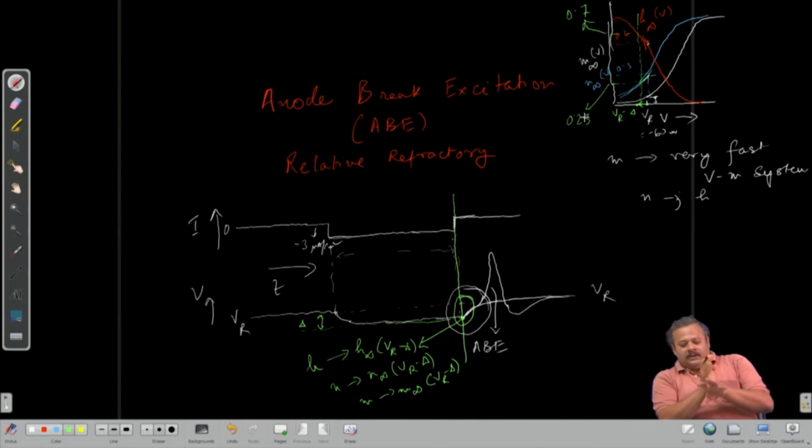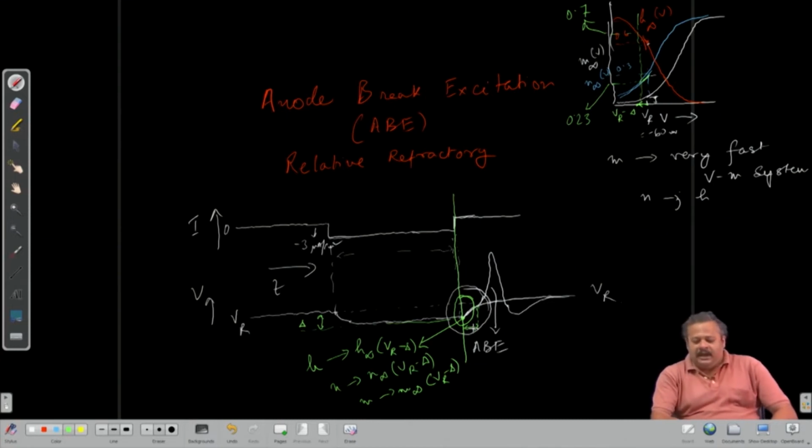The system will now go in the direction that the net current drives it, that is, it will try to go towards V R. In doing so, m infinity is very fast, so the voltage can be increased by the sodium channel activation gates.